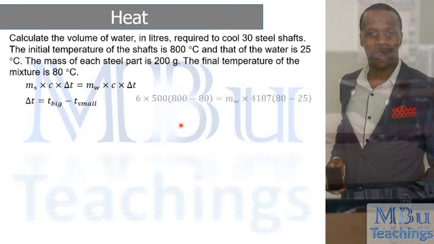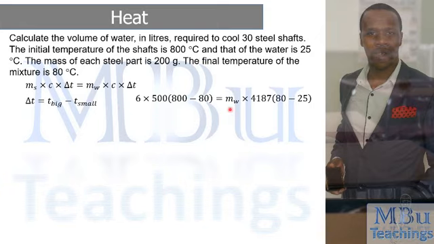C for steel is 500, and C for water is 4187. Now the mass of steel, 200 times 30, is equal to 6 kg. So we just substituted in our formula to get the answer.